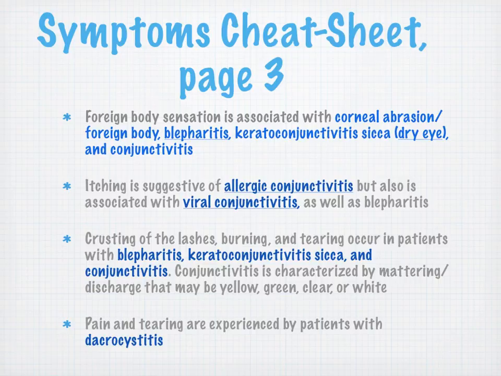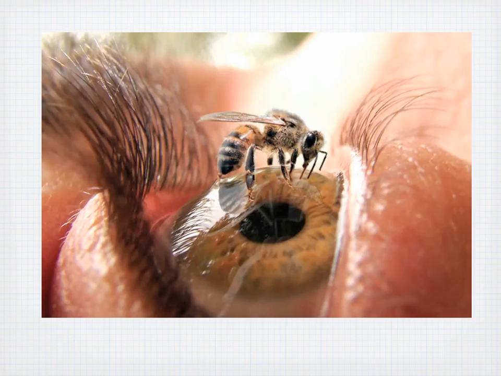Itching is suggestive of allergic conjunctivitis, but you can also see that with viral conjunctivitis and blepharitis. Crusting of the lashes, burning, and tearing occurs in patients with blepharitis, keratoconjunctivitis sicca, and conjunctivitis. Conjunctivitis is characterized by that matting discharge that's yellow, green, clear, or white. Pain and tearing are experienced by patients with dacryocystitis.